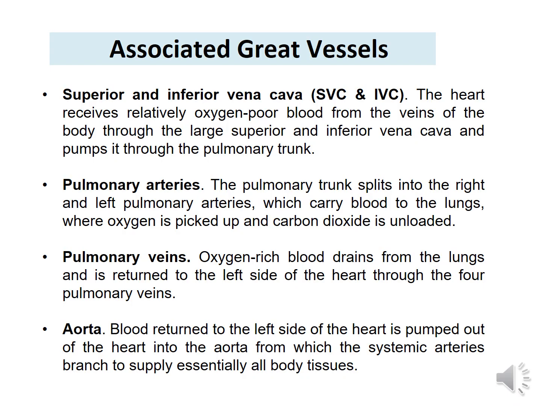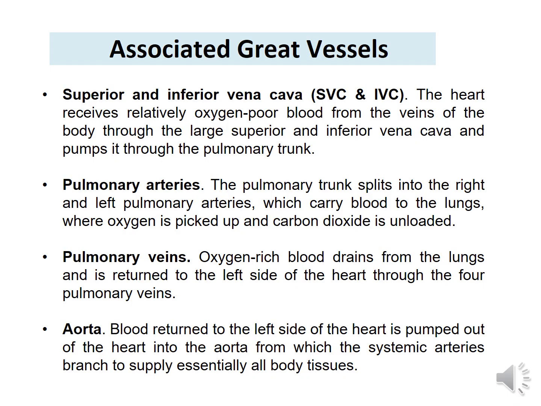Okay, let's talk about the associated great vessels, which are an essential part of the blood circulation. Number one is the superior and inferior vena cava, abbreviated SVC and IVC. They are responsible for receiving oxygen-poor blood from all veins of the body.